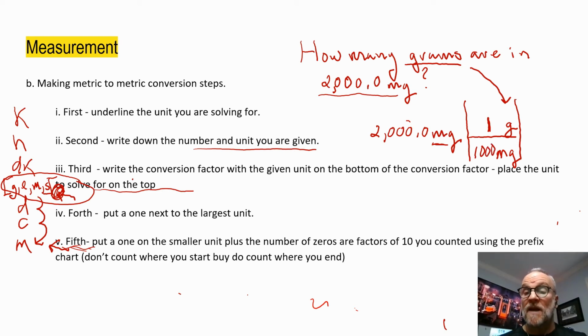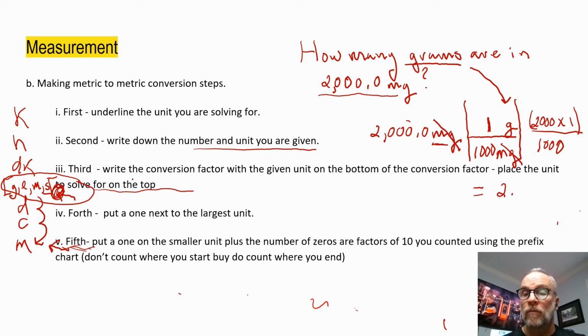And then the sixth step, which is on the next slide, you multiply across the top and then you divide by the bottom. So this will be 2,000 times 1 divided by 1,000. And you got it. You'll have 2 grams. Milligrams cancel. And so you'll have 2.000 grams.